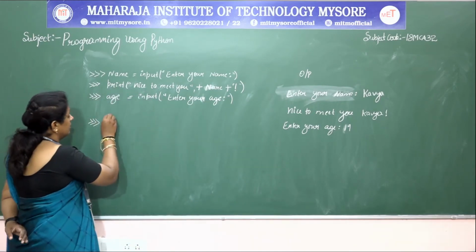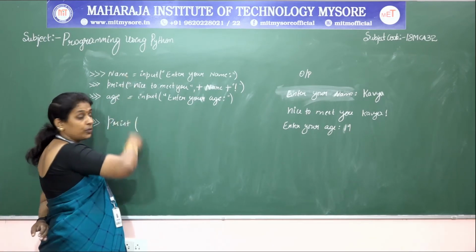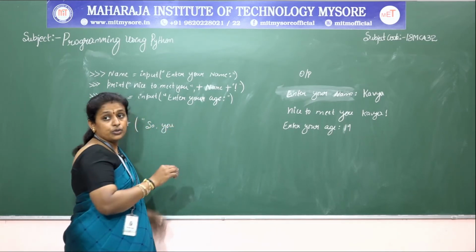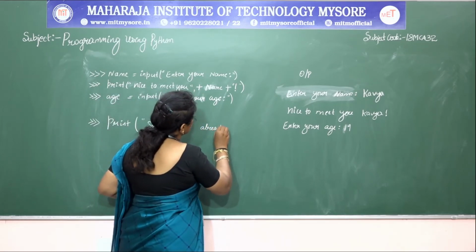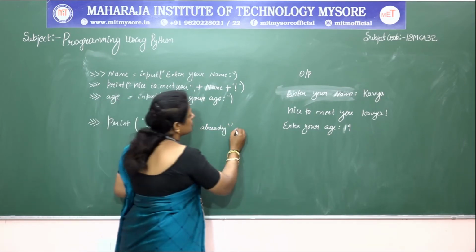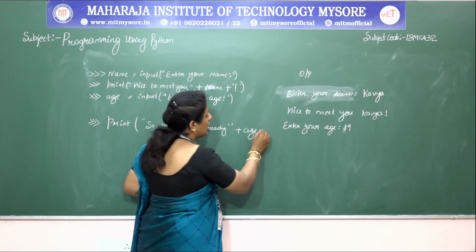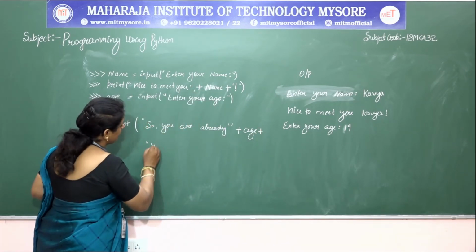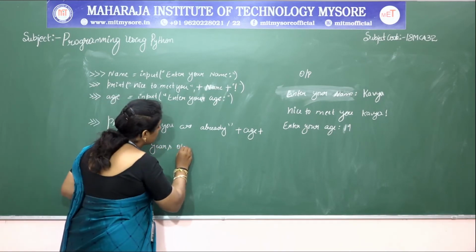Now write like this. We are going to print the information, or we are going to concatenate these values. Print, you are already, and I am closing this. Here I am doing concatenation with respect to the variable called age, plus, years old.